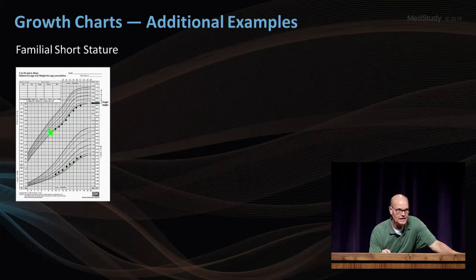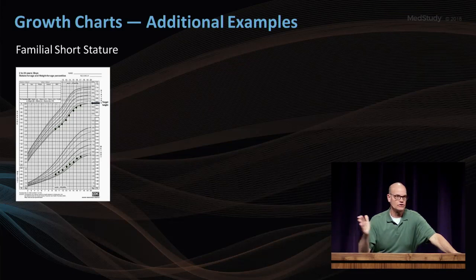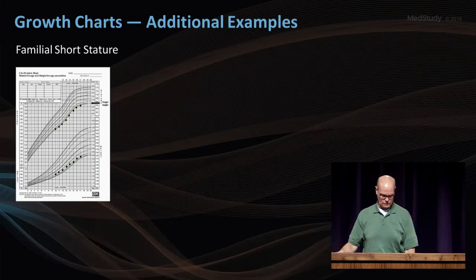If his bone age is 8, then his bone age equals his height age, and therefore he has constitutional growth delay. If his bone age is 10 and his chronological age is 10, then he has familial short stature or he has idiopathic short stature. That's where your calculation for mid-parental height will come in, and you can figure out those two.